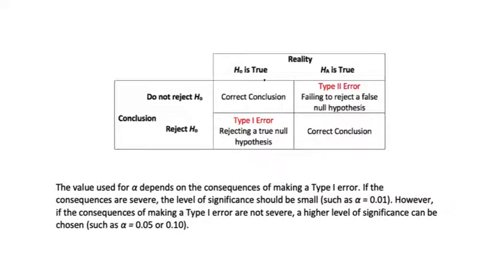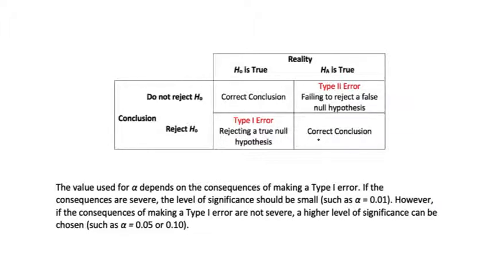This is reality. Either the null hypothesis is true or the alternative hypothesis is true. If the alternative hypothesis is true and you do not reject the null, that's an error. If the null hypothesis is true and you do reject the null, that's an error. Or you can have the correct conclusion if the null hypothesis is true and you do not reject it, or if the alternative hypothesis is true and you do reject the null hypothesis.